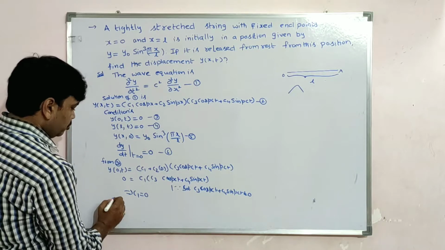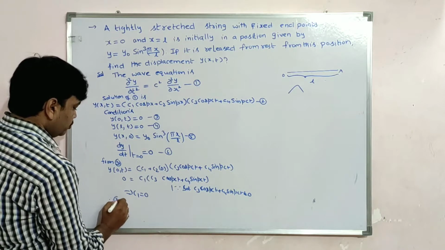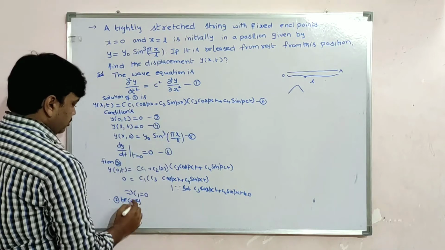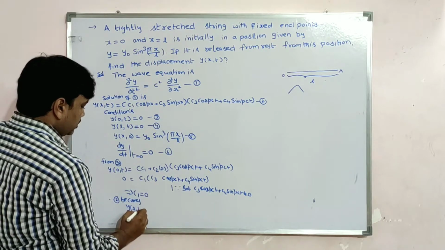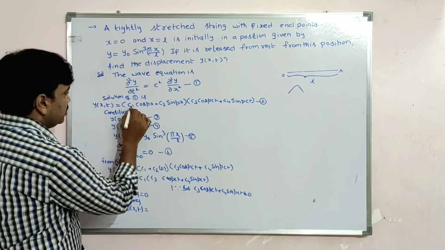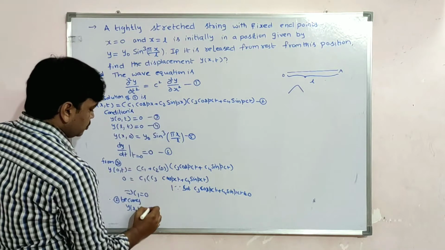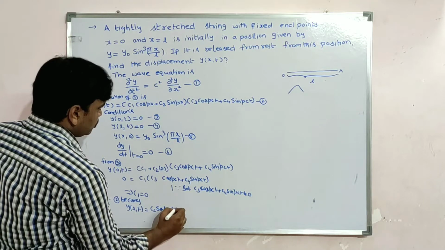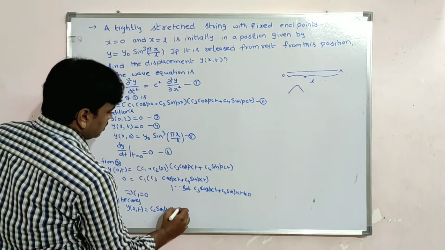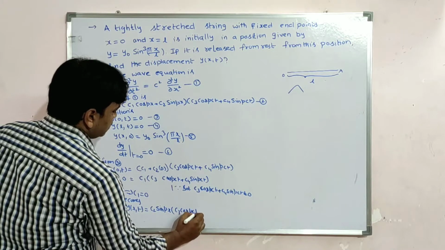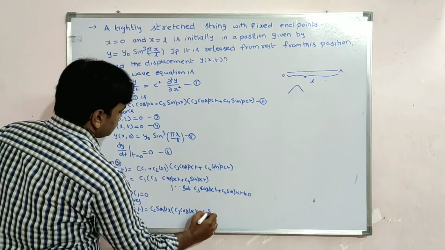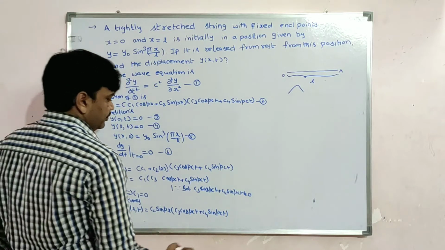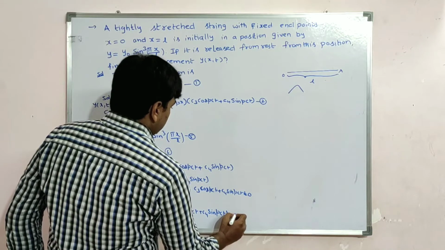Therefore 2 becomes y at x comma t equal to c2 sin px into (c3 cos pct plus c4 sin pct). So this is 6, students.